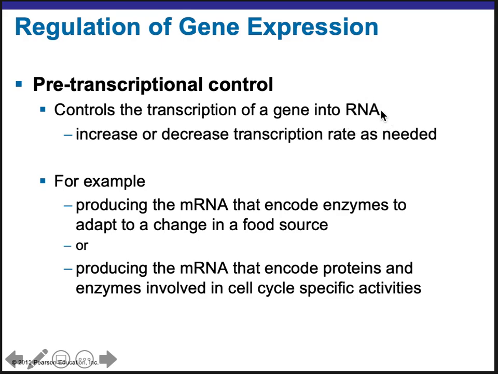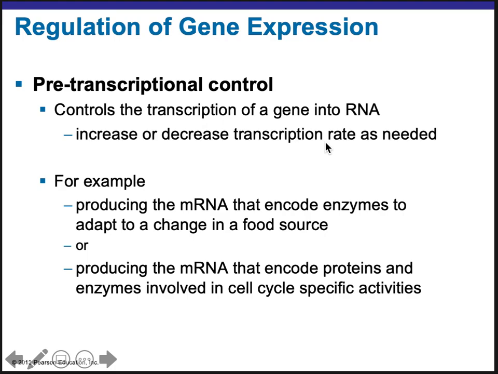And typically we think of mRNA when we're talking about gene expression because we're thinking about making a functional protein. But remember that genes can be made into other types of RNA for other functions, like tRNA and rRNA. So this will increase or decrease the amount of transcription that occurs depending on the type of molecule or process that happens.